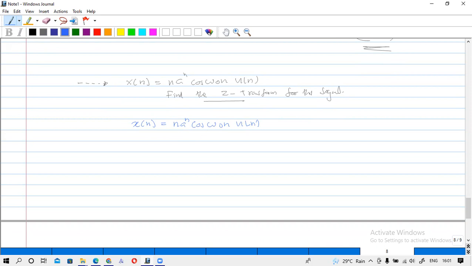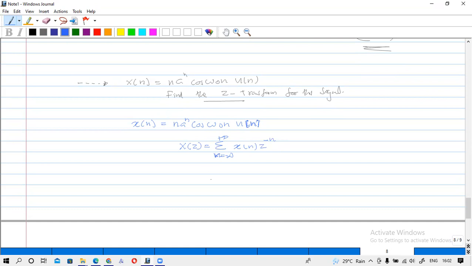If you try to do this using the basic Z transform method, it will be the sum from n equals minus infinity to plus infinity of x[n] z^(-n).